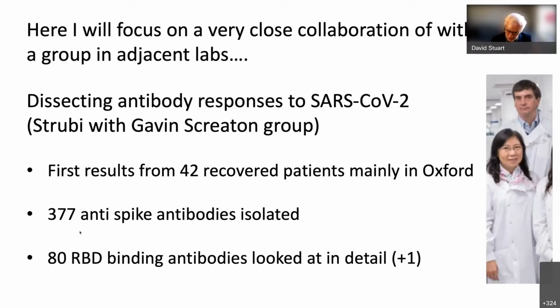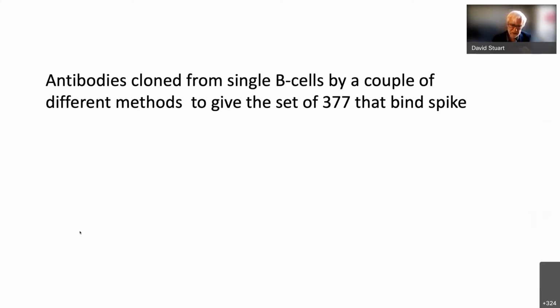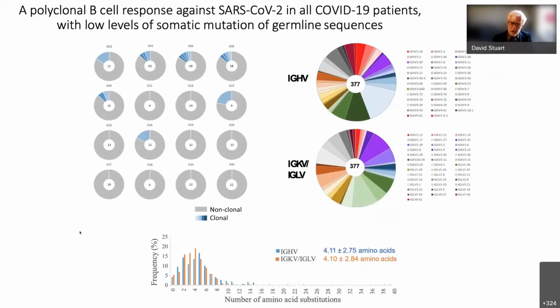Those are the ones that bind the receptor binding domain, and one further antibody we've looked at in detail. But I won't go through the methods of obtaining the antibodies. It was pretty standard cloning from single B cells. A couple of different methods were used to give that set.